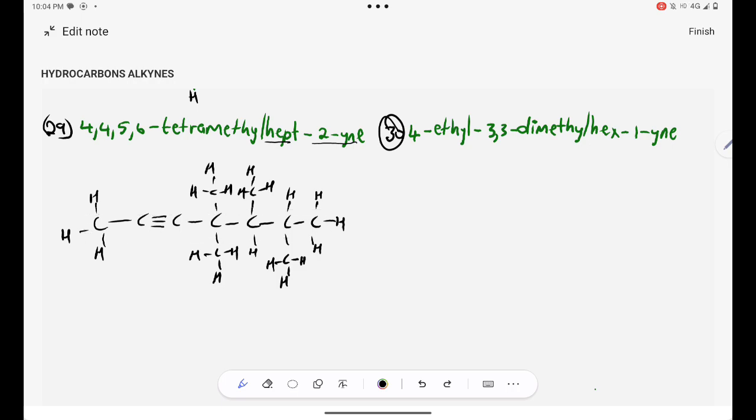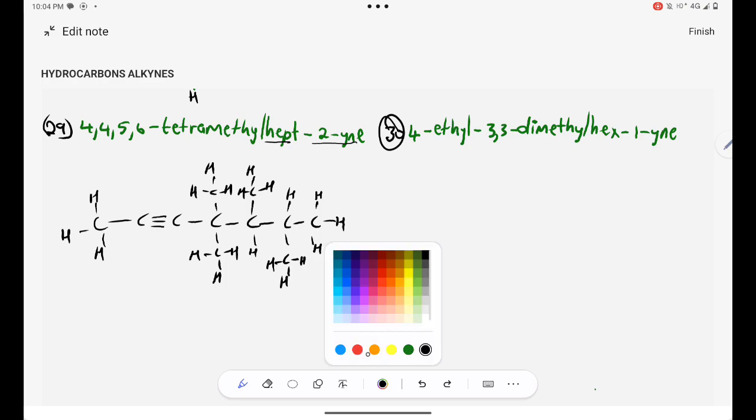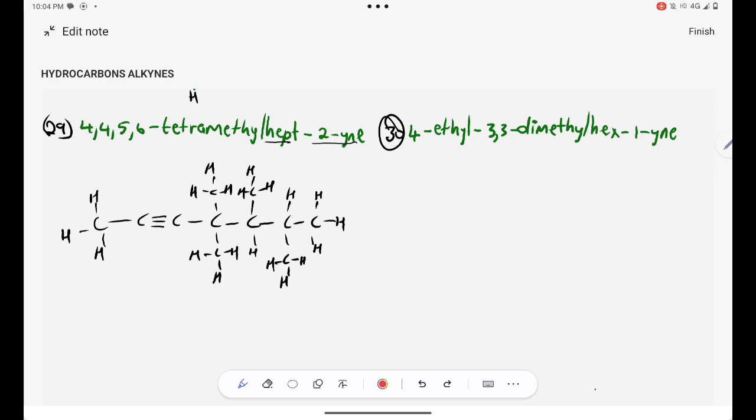And then for the last one, the parent chain has 6 carbons. 1, 2, 3, 4, 5, 6. I have a triple bond at carbon number 1. At carbon number 4, I have an ethyl like this.